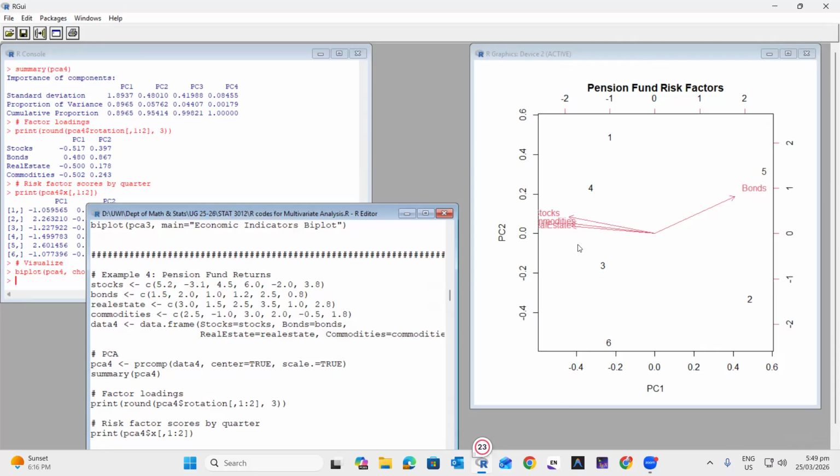And how are we going to interpret this one? So quarter one, upper left, basically the risk assets perform poorly and won't help us. So it will explain a flight to safety quarter, basically the market downturn.